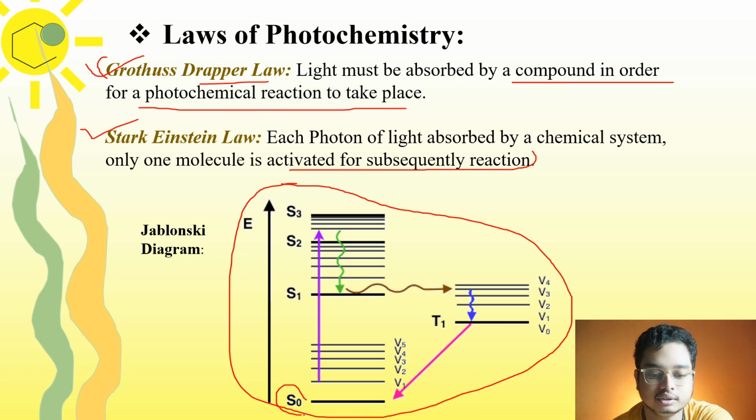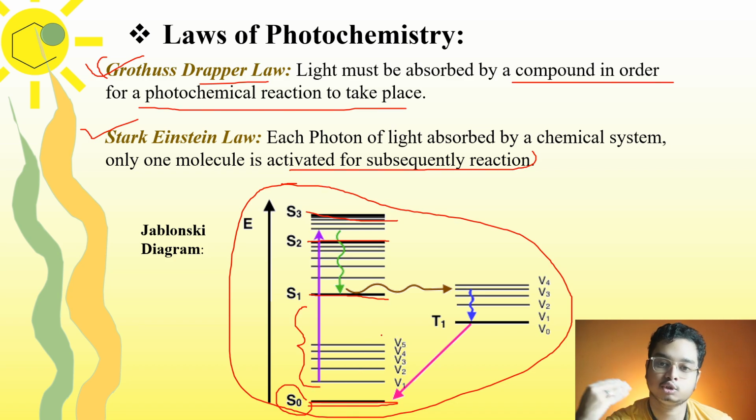This S suggests the singlet state, and the S0 state means the ground singlet state. S1 is the first excited singlet state, S2 is the second excited singlet state, and S3 is the third excited singlet state. Now between the singlet states, S0 to S1, it contains different vibrational states like V1, V2, V3, V4, V5 and so on.